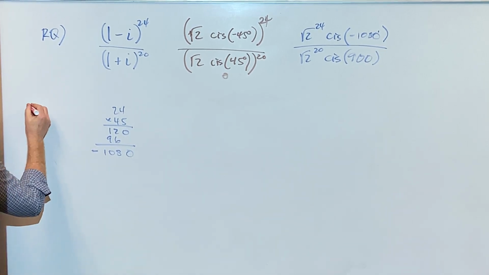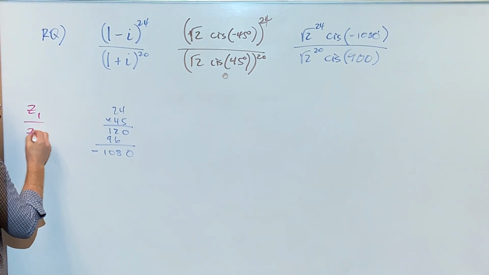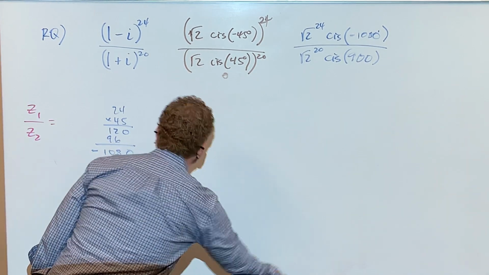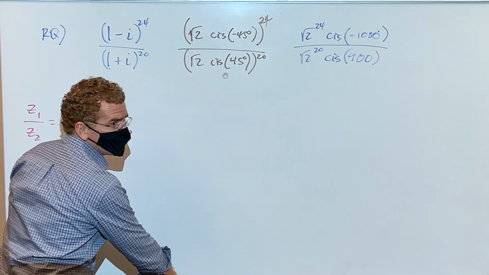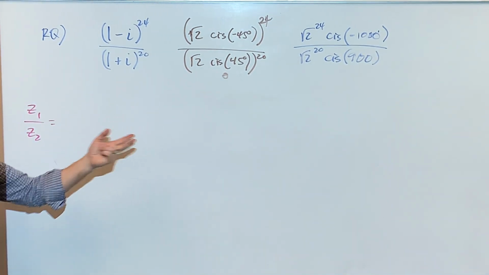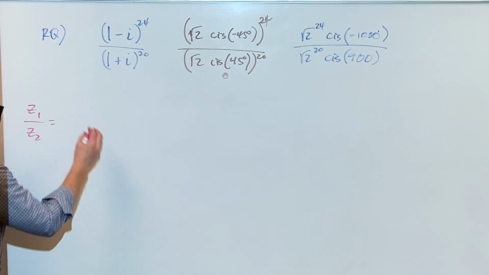We've been naming them Z1 and Z2, but how do I divide Z1 and Z2? Put the magnitudes over each other. So I have to do this. Now that I have these complex numbers simplified, to divide two of them, you divide their magnitudes.